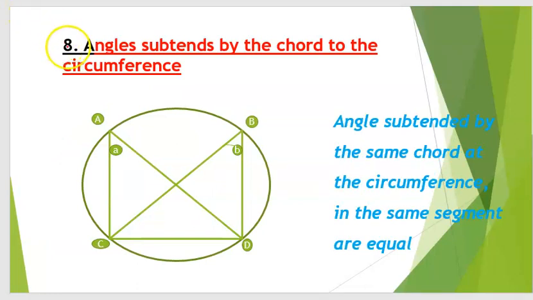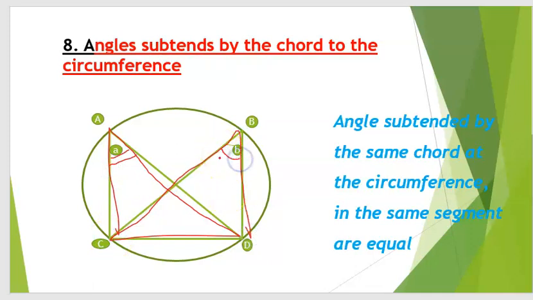The other property, number 8, is angles subtended by the chord to the circumference. Now, if I consider chord CD, it subtends angle A to the circumference. Similarly, this chord also subtends angle B here.